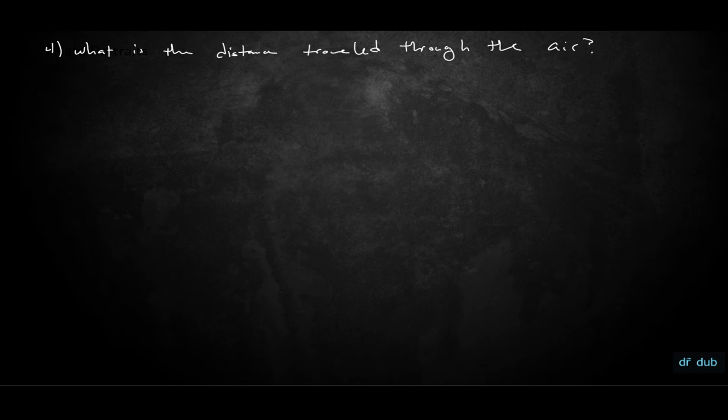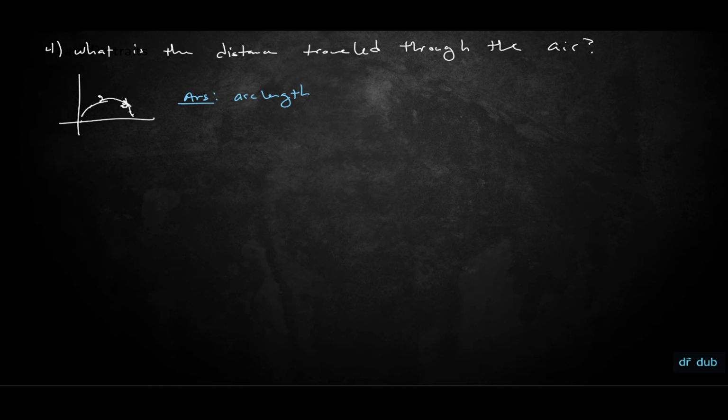What is the distance traveled through the parabola? It's like this curve here. At that point, we just want to find the arc length. So the answer is just arc length.